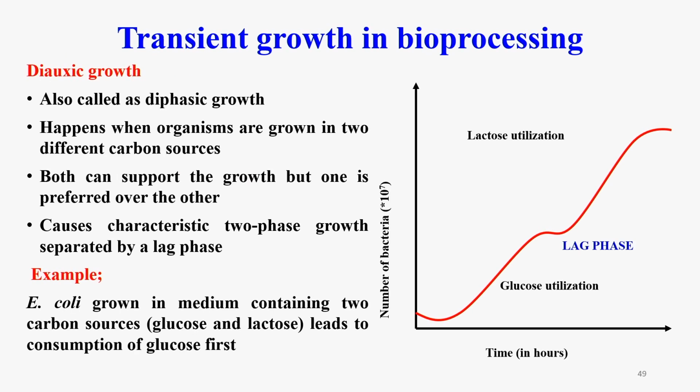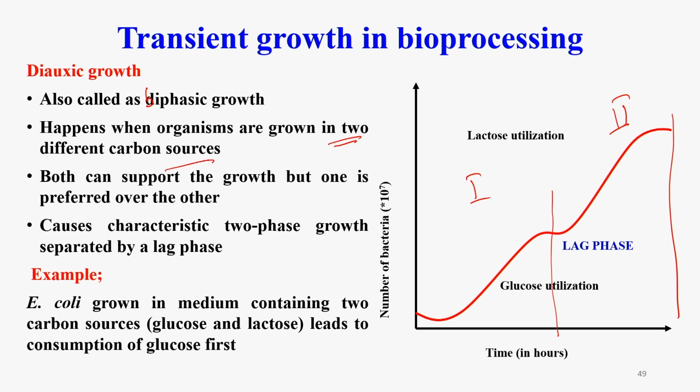The transient growth, you can remember, is also called diauxic growth. So, you can say there is a biphasic growth, one growth phase is here, the other growth phase is here, this is phase 1, this is phase 2. And why are we observing this biphasic growth?